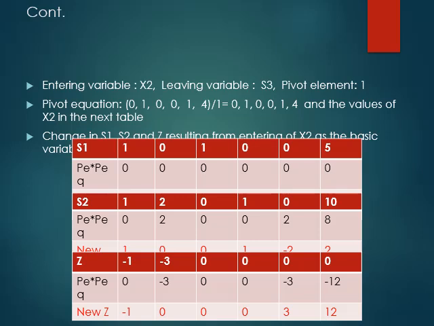The last new z shows that we need to design the next table, because still we have a negative value here. We mentioned before, we reach the optimal solution when the negative value in the row of z disappears.